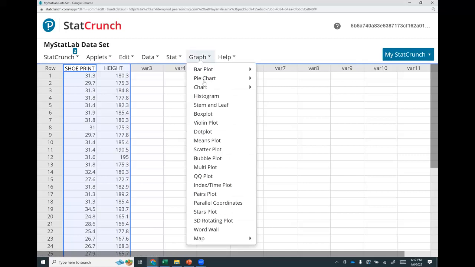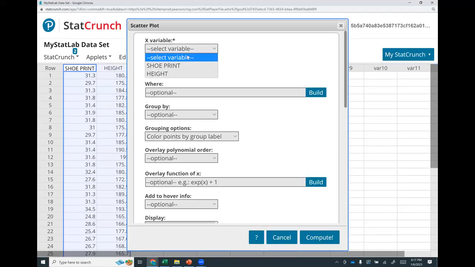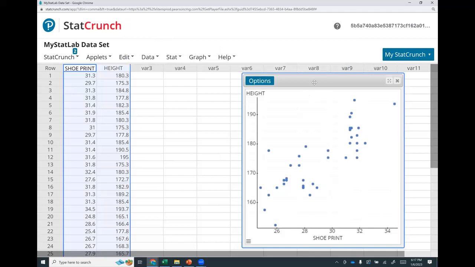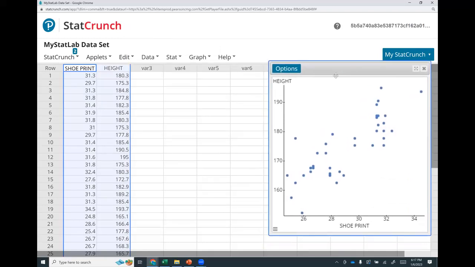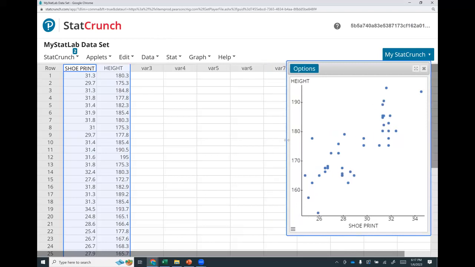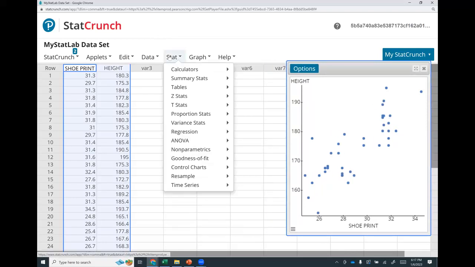So let's do the graph. So I can do a scatter plot. We know shoe print, height. And let's compute. So there's my scatter plot. It's still going up, right? And I can also go here and go into regression, simple linear.